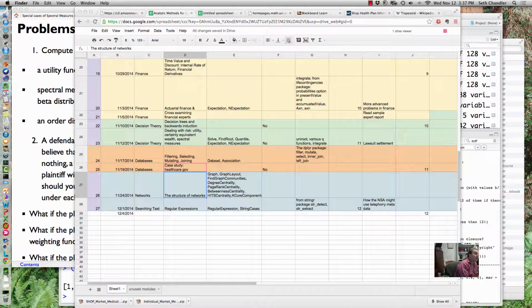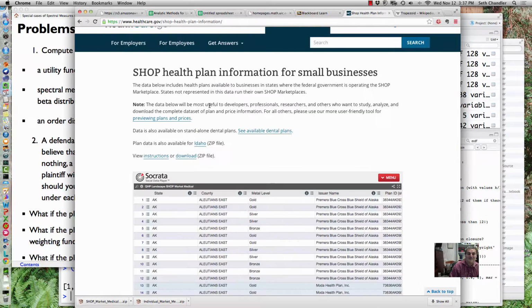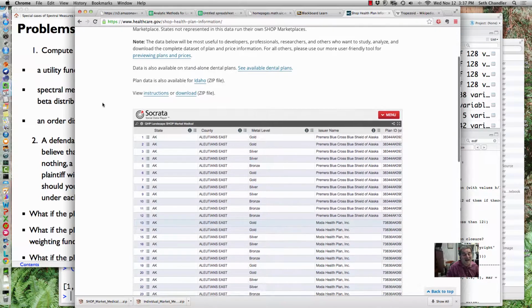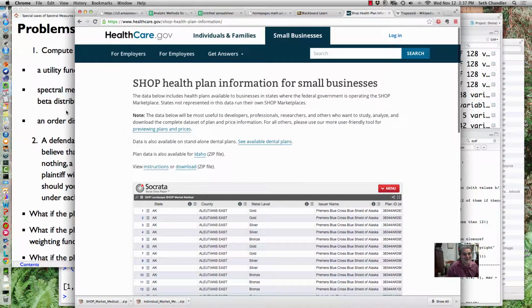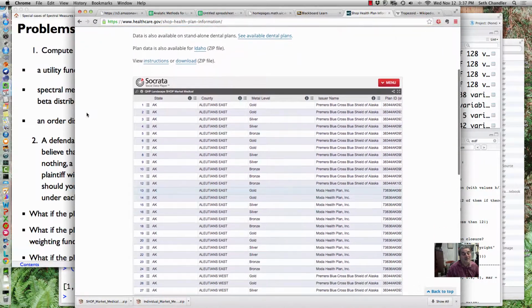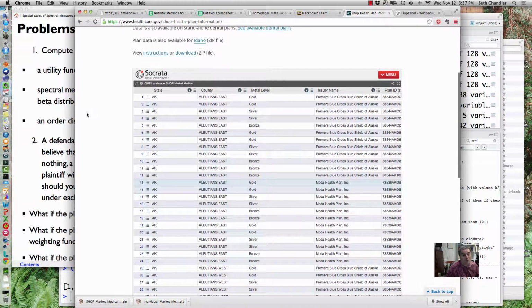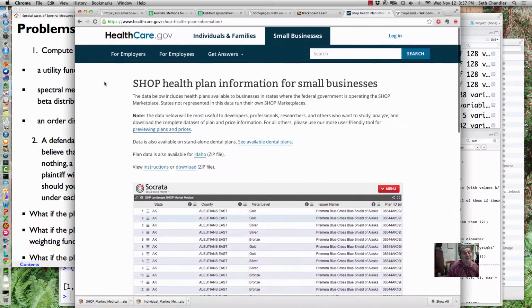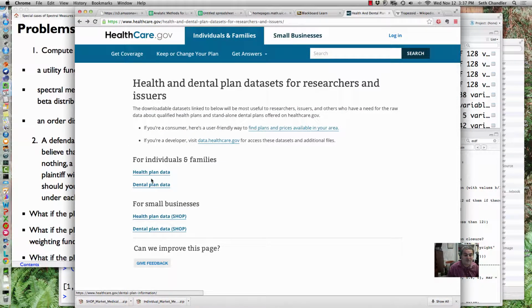If they're doing their job, is it going to work on the first day? No way. They have the data for all of the plans in a big file. This is the individual exchanges, not the shop exchanges.